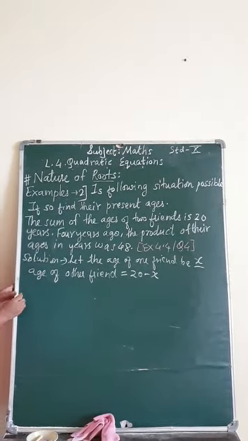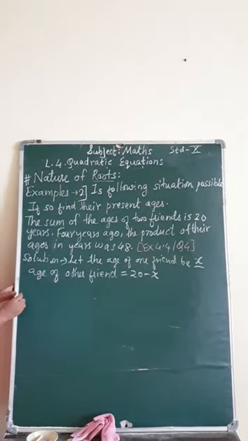Four years ago, one friend's age will be x minus 4, since x is the present age, and the other friend's age will be 20 minus x minus 4, which is equal to 16 minus x.